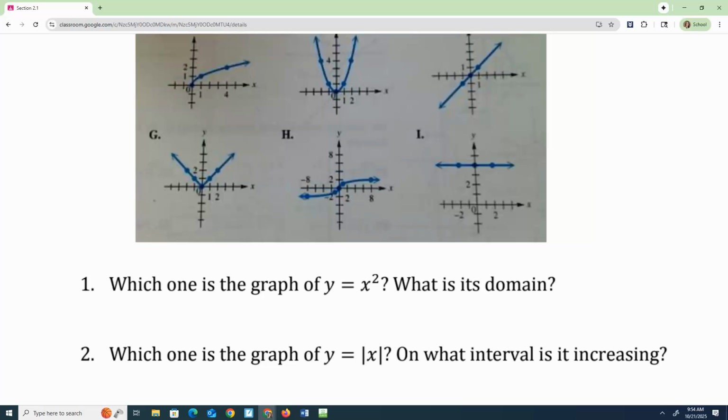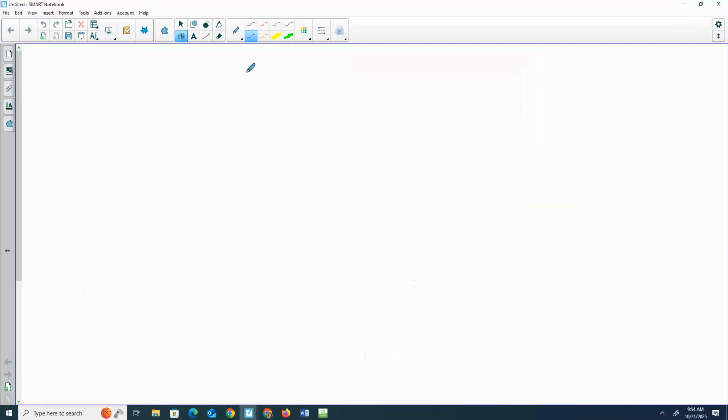The second piece of what we did in 2.1 is probably the only thing that we have not used every day, so I do want to review that, and that is the symmetry piece. We did spend a whole day on it when we learned it, but let's review. Okay.